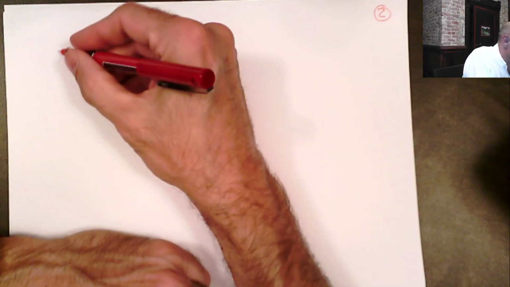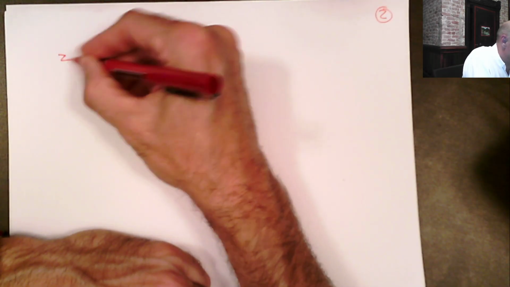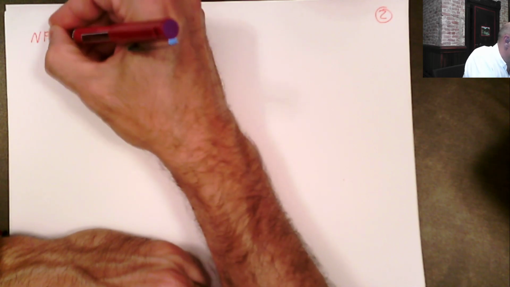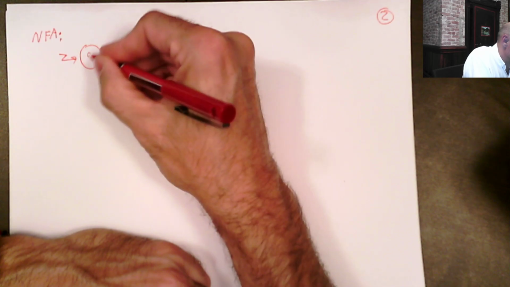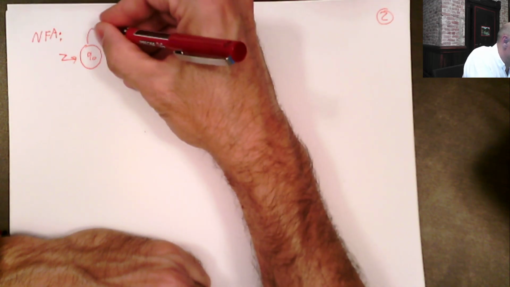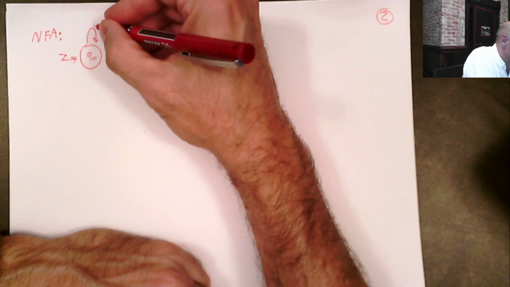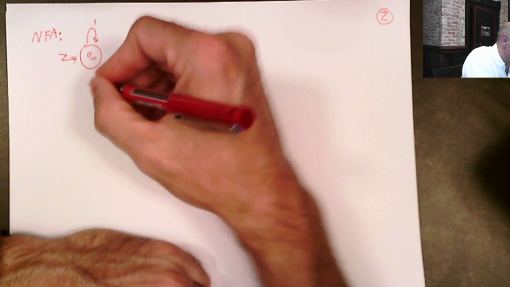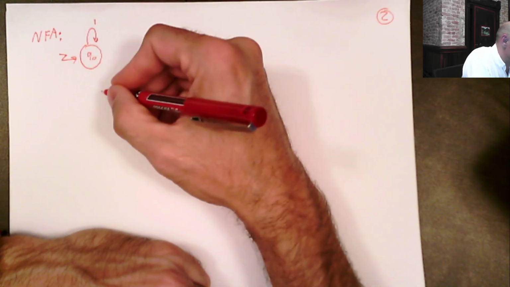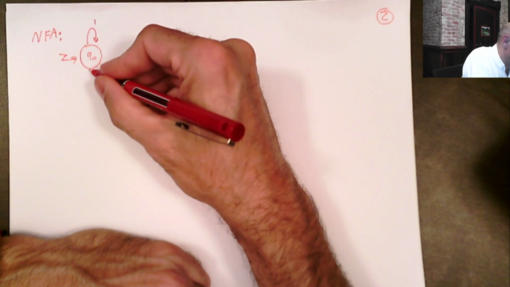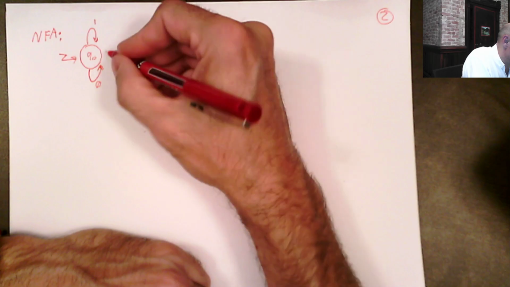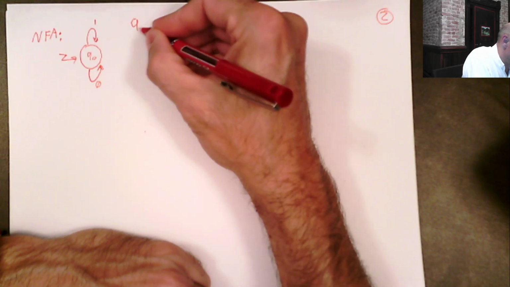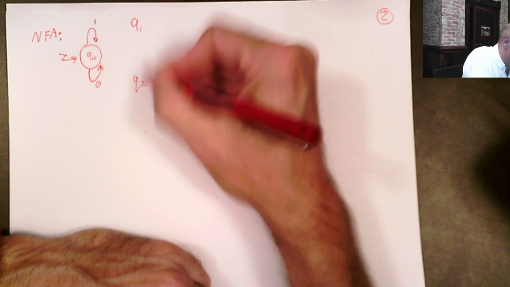Okay, so this one I'm going to start out like this. So this is the NFA. Q0. And let me make this one loop back on a 1. Let me make it also loop back on a 0. And now let's put Q1 and Q2.